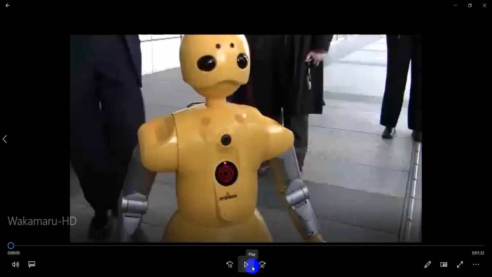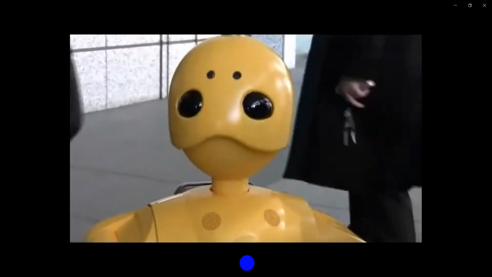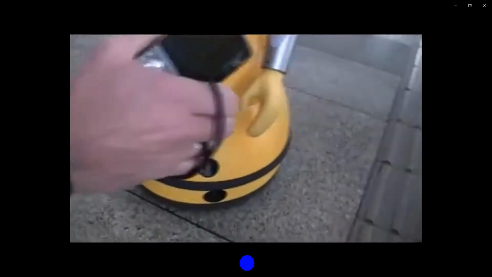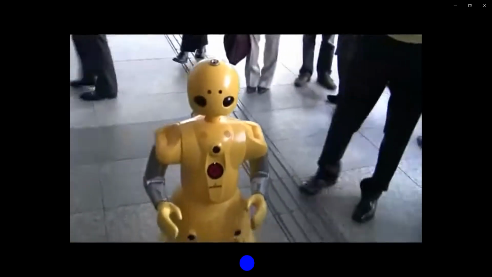Wakamaru, one of these robots. Smile, smile. Do you know Rolly? No. He doesn't like you. He's exploding, eh? Be careful.